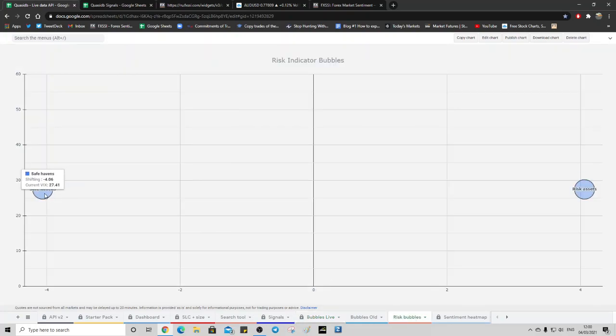So as long as you're comfortable with what is a safe haven and what's a risk asset, this should be very useful for you. Remember to hover your mouse over so you can see the metric. It's minus 4.06. If that number increases, if it comes away from the zero line, then we're going to be more risk off.